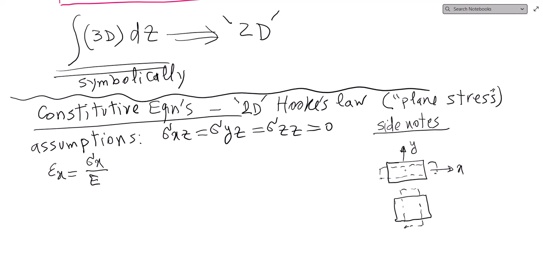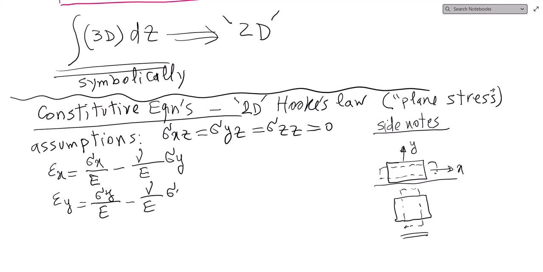But if I want to include the two-dimensionality using Poisson's ratio, if I stretch this element in the x direction, y will want to bring it back because of the Poisson effect. So I have to subtract the mu fraction of sigma y over E. Similarly, epsilon y is sigma y over E minus mu over E sigma x.